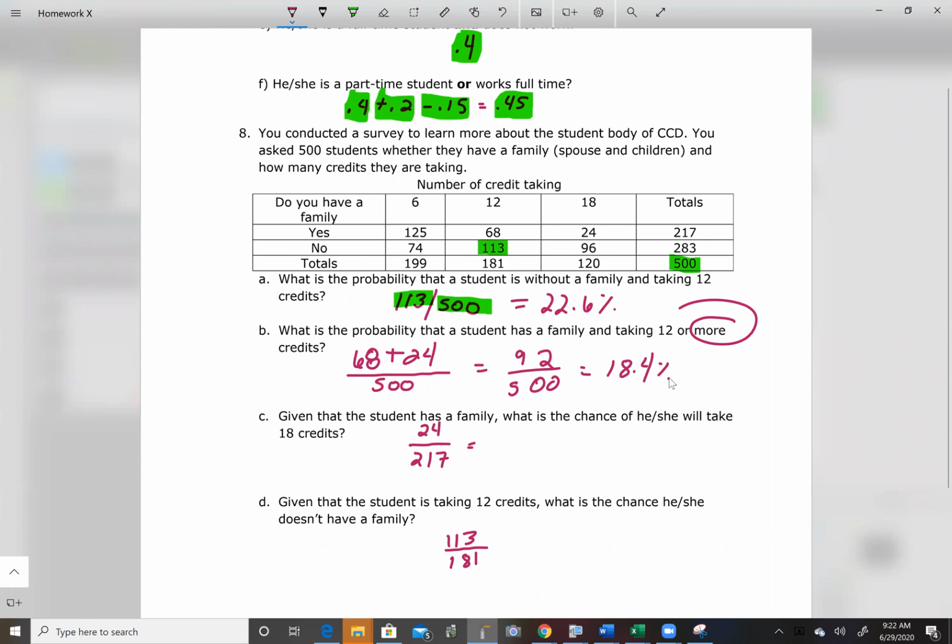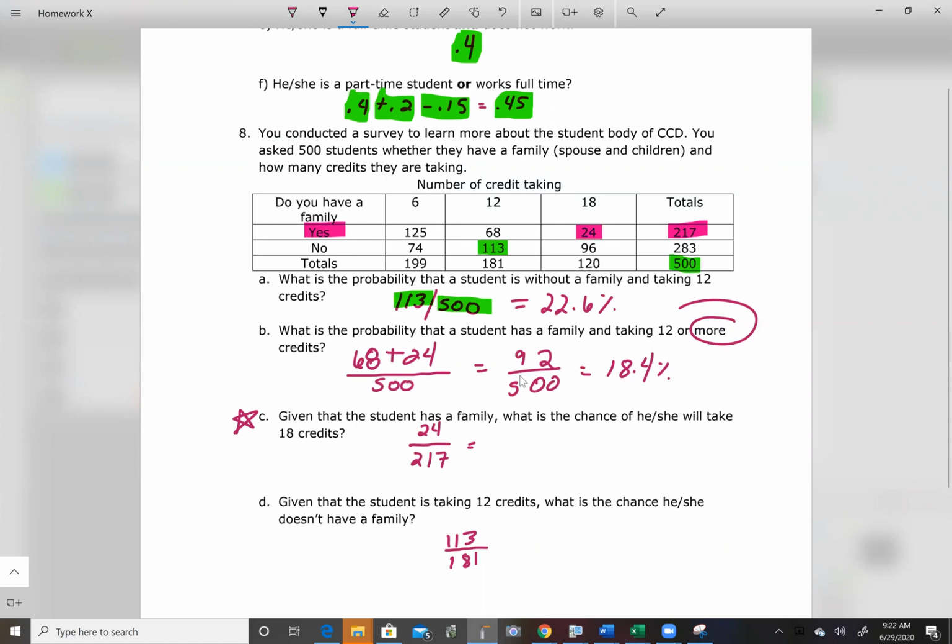Given that the student has a family, and this is a given one, we know our sample space here is that they have a family. So our denominator needs to be the total number of students that have a family. We are just going to be looking at that row. Our denominator is 217. The chance of he or she taking 18 credits, our numerator is 24.